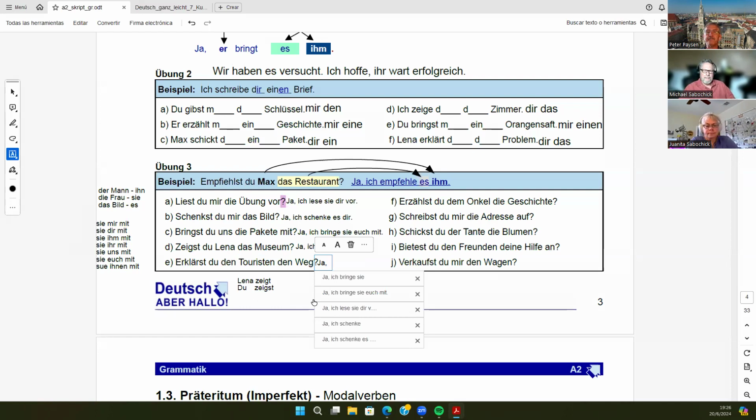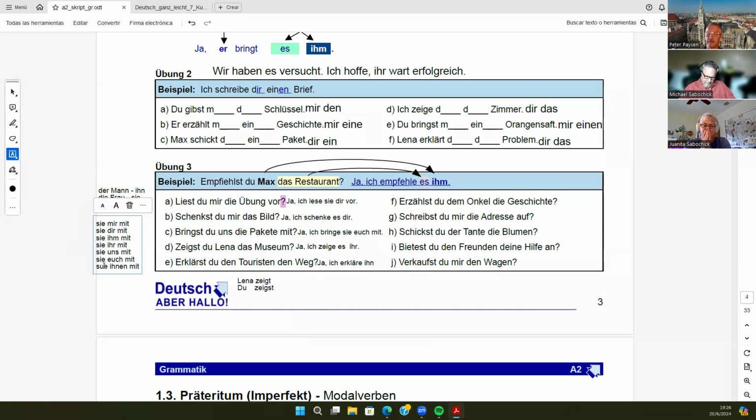Okay. Ich erkläre ihn, and then Touristen would be ihnen. Okay, ja, ich erkläre ihn ihnen. Very good.